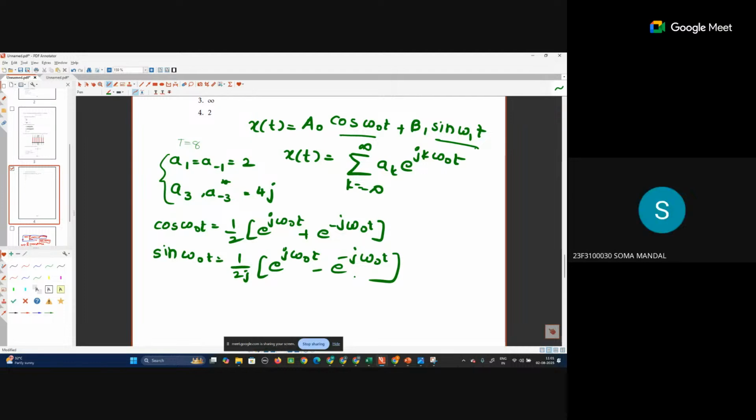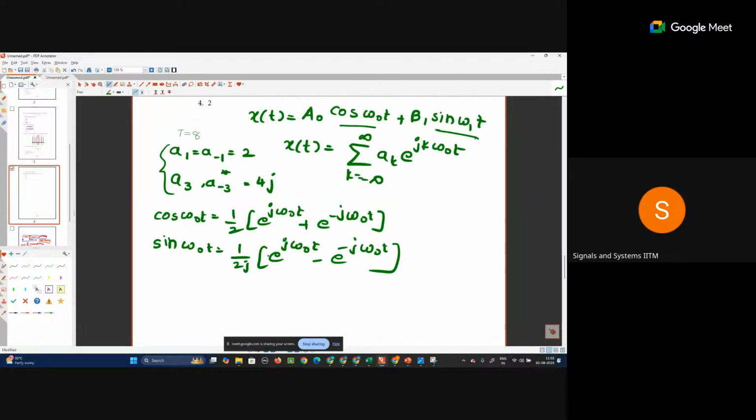So we substitute and compare. So x of t will be a naught into half of e power j omega naught t plus e power minus j omega naught t, plus b1 into 1 by 2j.